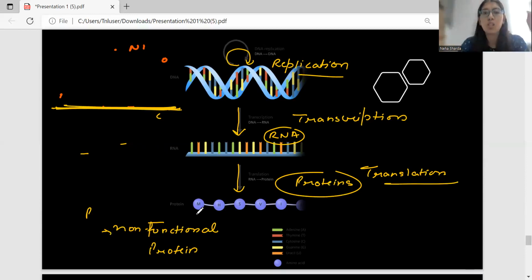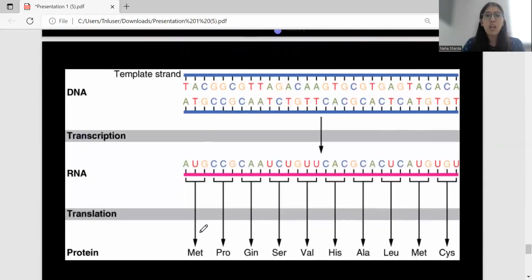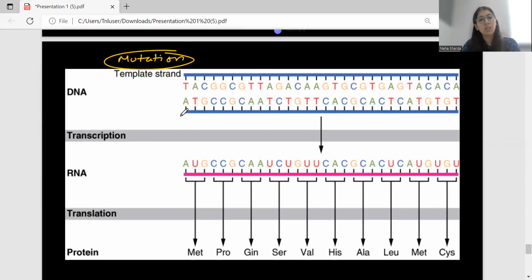It stores that information in the form of this sequence, and this sequence is different in different organisms. This sequence decides the sequence of protein. That is why any change in the sequence of DNA will cause mutation, and we will get the wrong protein.